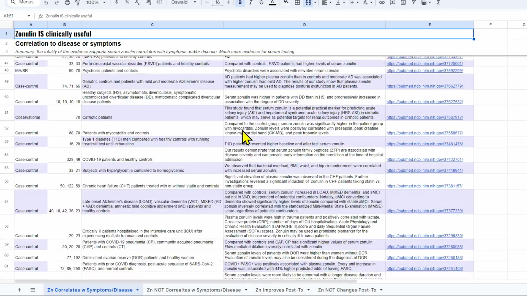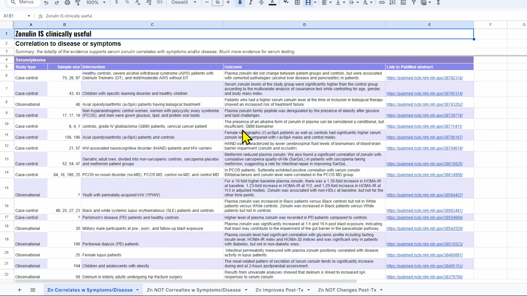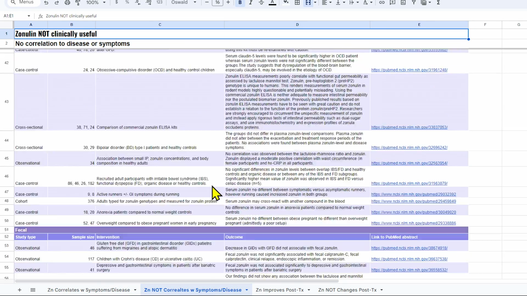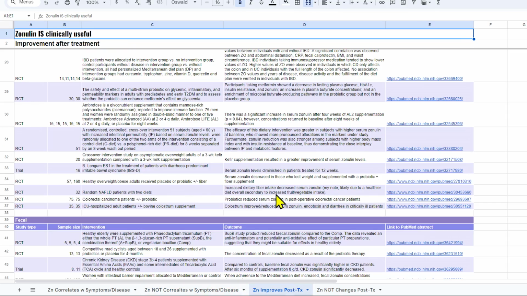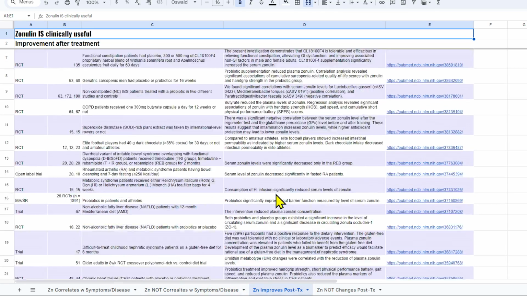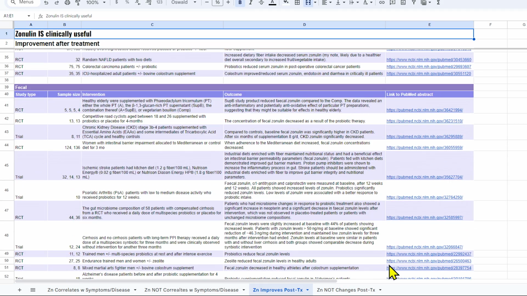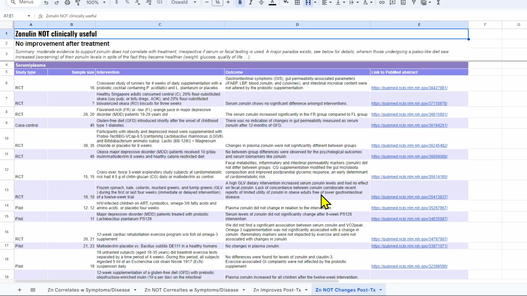The way we've organized this table is zonulin correlating with symptoms versus data showing that zonulin does not correlate with symptoms versus zonulin improves post-treatment. And look at all the studies. Versus zonulin does not improve post-treatment.